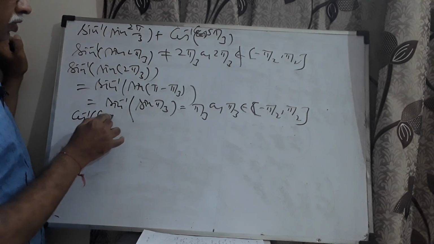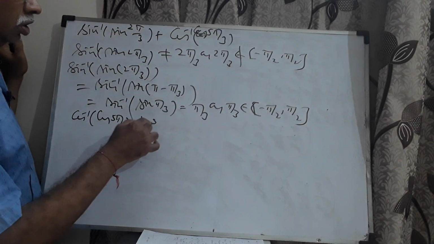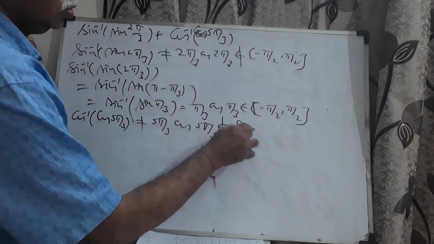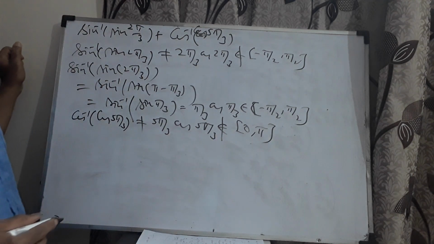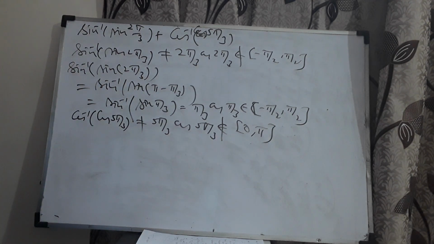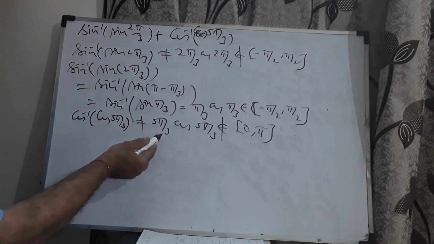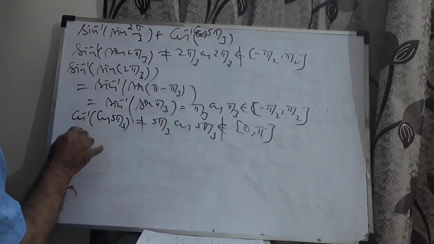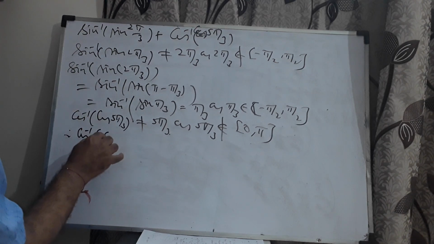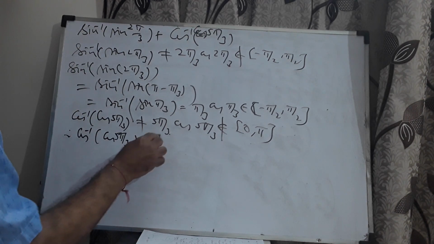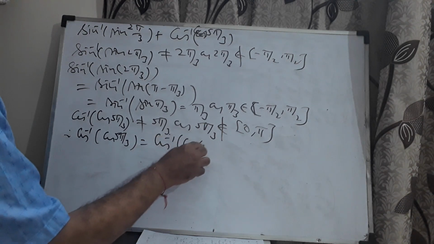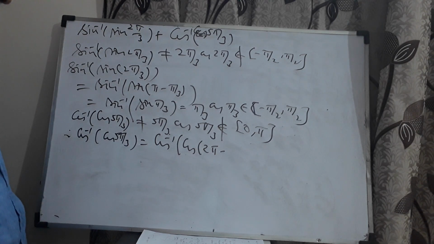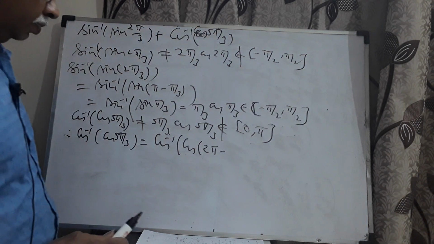Similarly, cos inverse cos 5 pi by 3 is not equal to 5 pi by 3, as 5 pi by 3 does not belong to closed interval 0 comma pi. Closed interval 0 comma pi is the principal value branch of range of cos inverse x. See here, 5 into 60 degrees, 300, beyond 180 degrees. Therefore, cos inverse cos 5 pi by 3 can be written as cos inverse cos of 2 pi minus pi by 3.